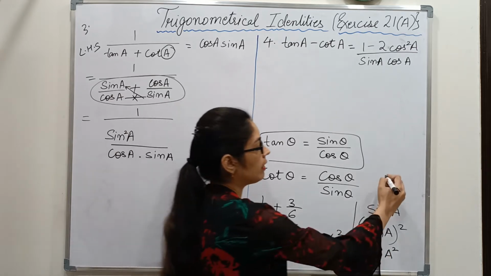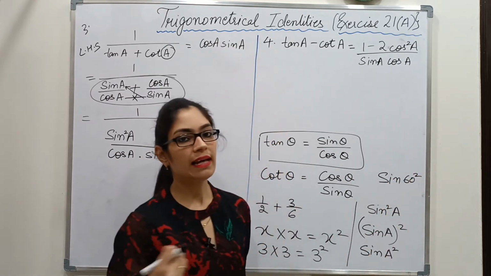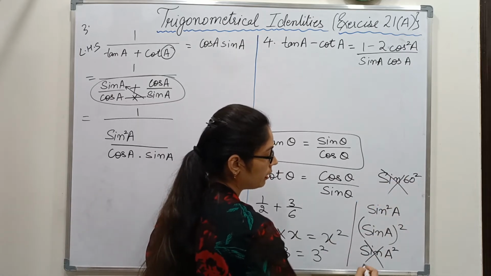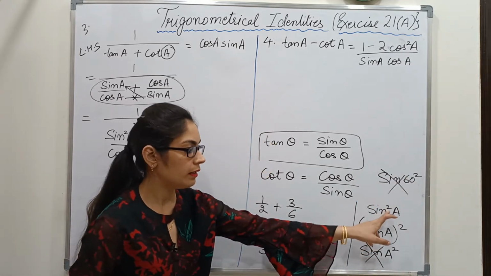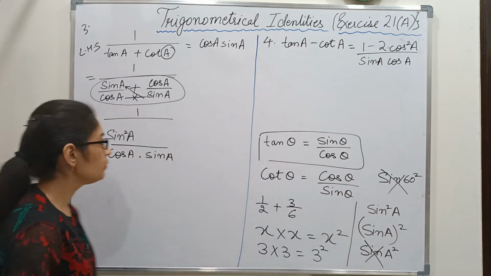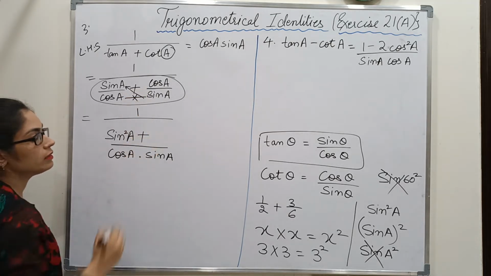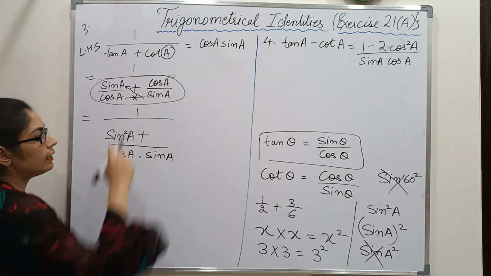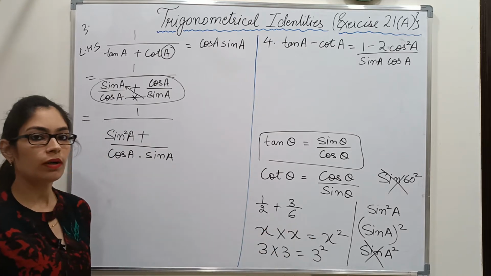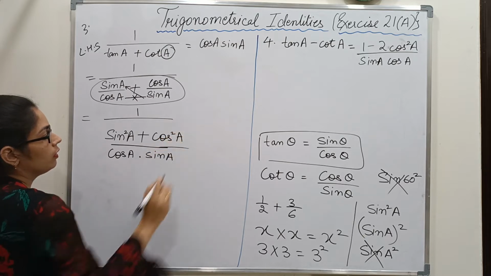Suppose if I have any angle, 60 degree, it will become sine 3600. So don't write this way. Either you write square with this or you write whole square, because both mean the same thing. So it will become sine square A, this plus sign as it is, we will write cos A into cos A. Same thing, x into x, x square. So cos into cos will become cos square A.